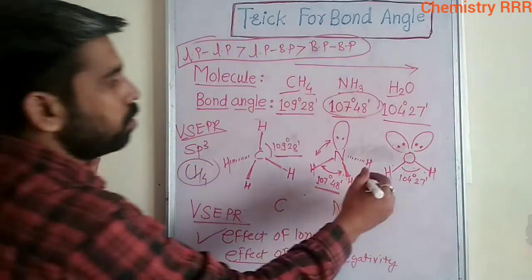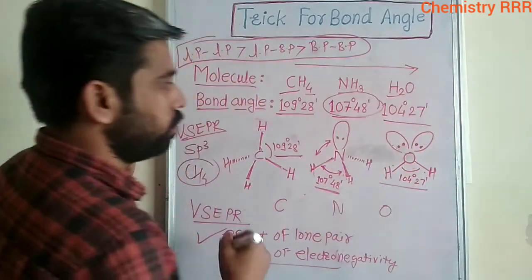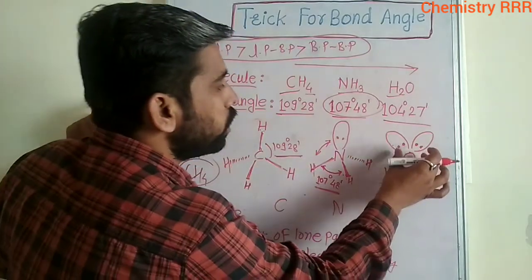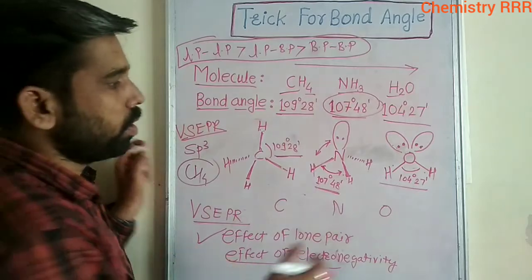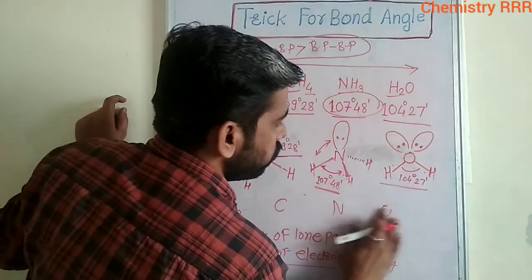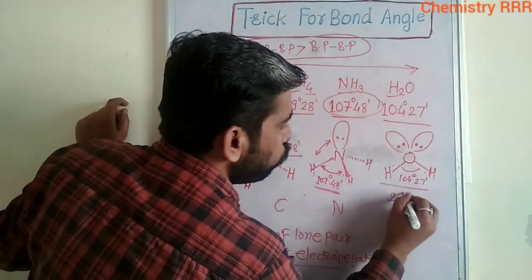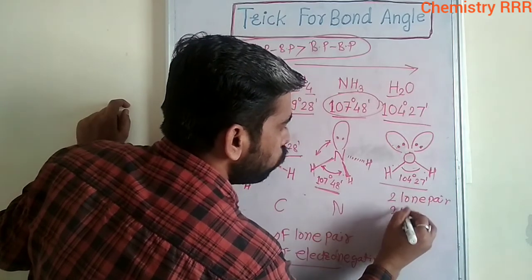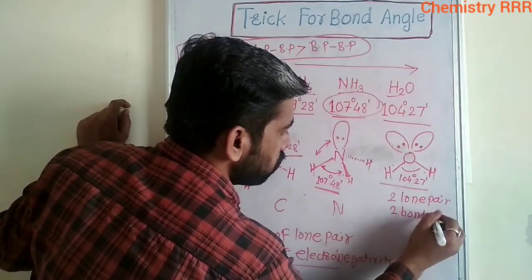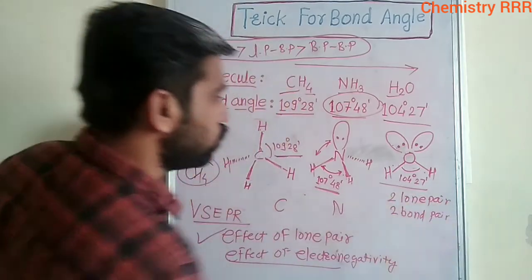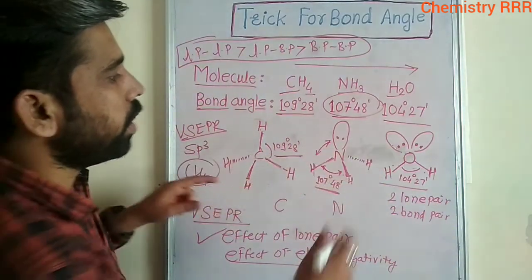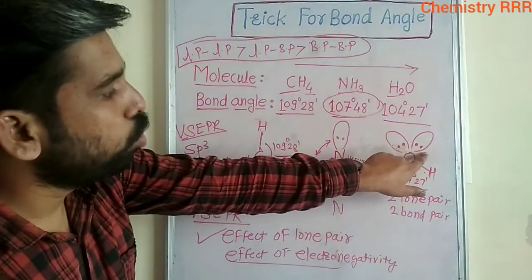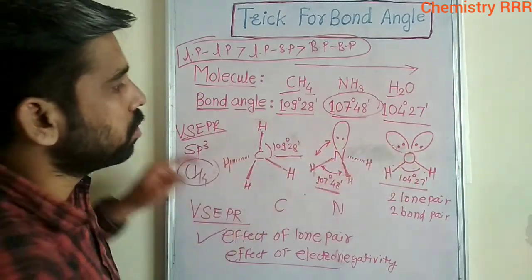Now for the water molecule, the oxygen has two lone pairs and two bond pairs. So there is a large repulsion between the lone pairs.